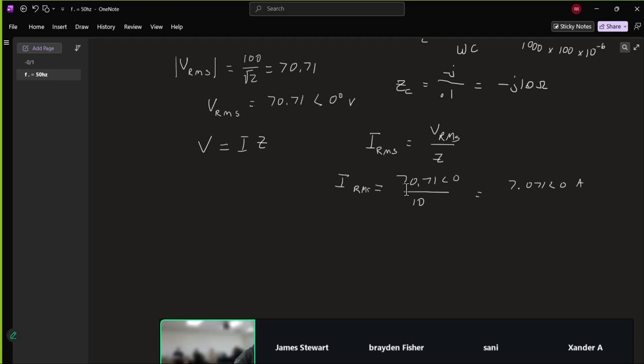If it did not say RMS, if nothing in the problem said RMS, then there's no reason to do RMS, for the voltage.